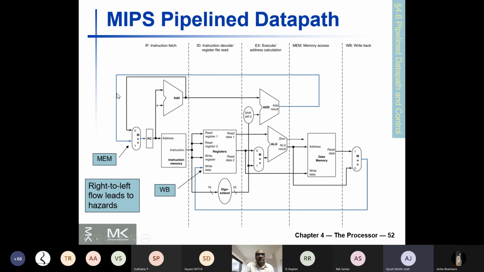For example, when you fetch one instruction, after fetching it we pass the instruction to the decoding stage. At that time, the fetching unit can fetch the next instruction. Once decoding is completed and register operands are read, they are passed to the next stage. At that time the decoding stage is free, so the previously fetched instruction can be passed to the decoding stage.